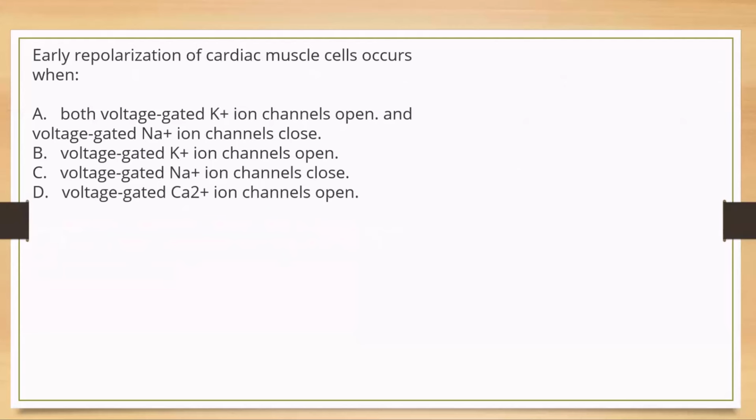For repolarization, the sodium voltage-gated channel is closed, whereas the potassium voltage-gated channel will be open, allowing potassium ions to flow out of the cell. This will cause the membrane potential to become more negative, and the more negative it becomes, the more the heart begins to rest or relax.